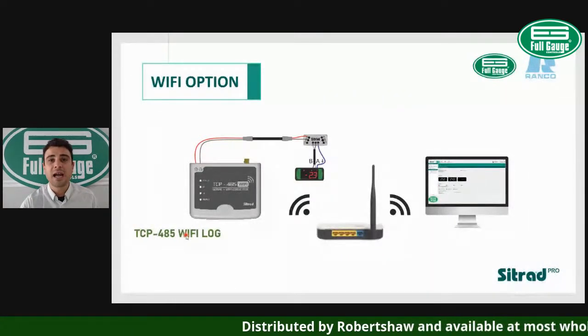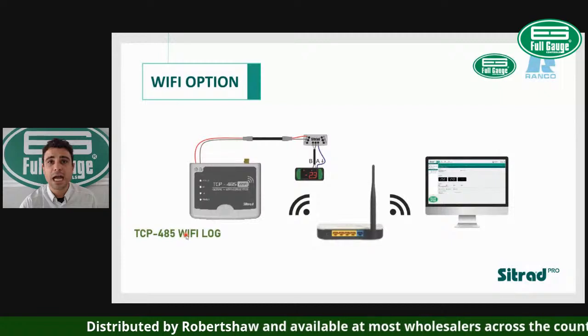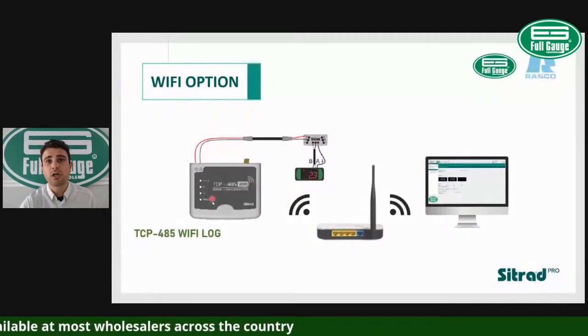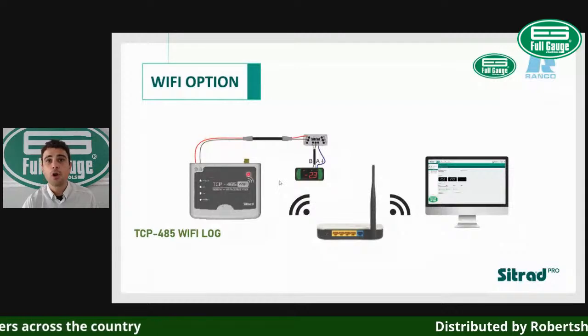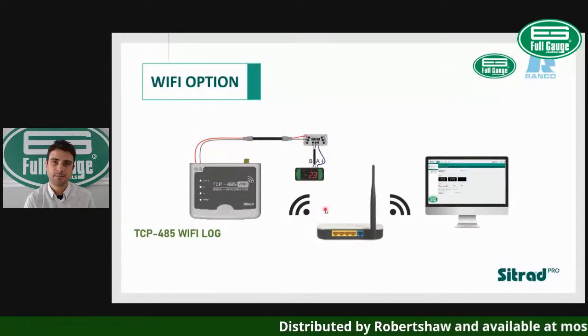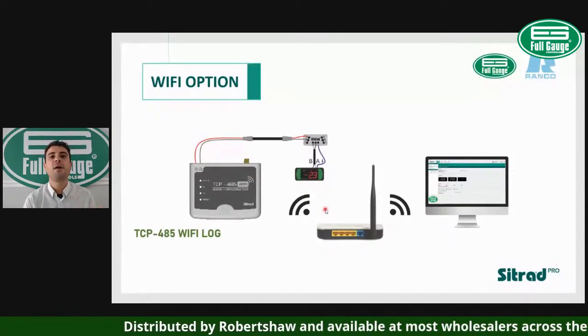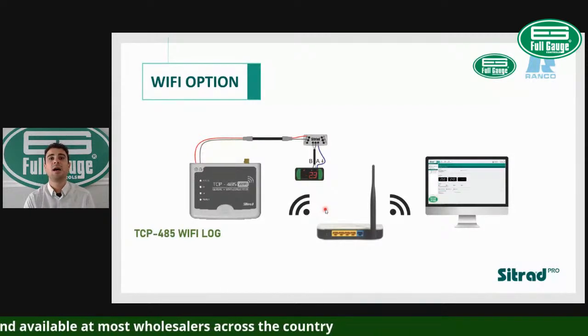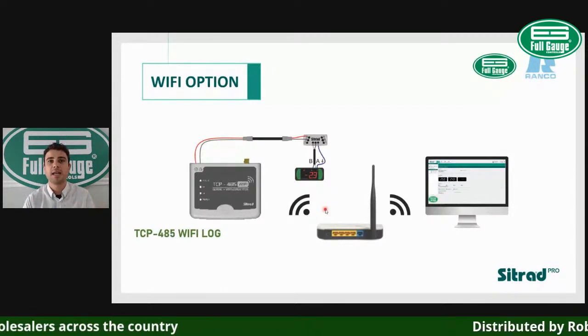By having an internal IP address on the interface, I can now host the C-Trod software either on-site or off-site. If I'm hosting off-site, the TCP becomes another device within my network.